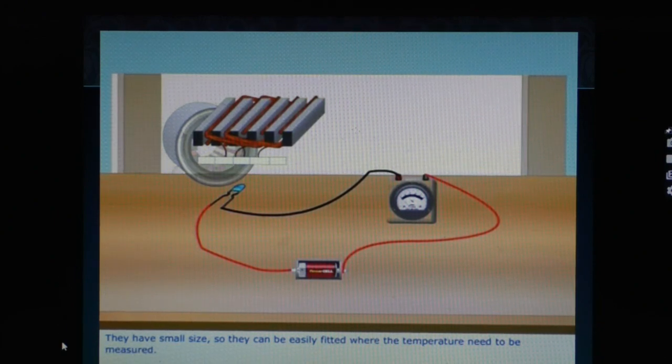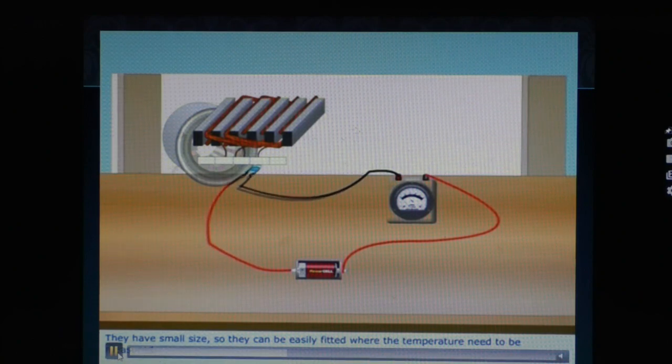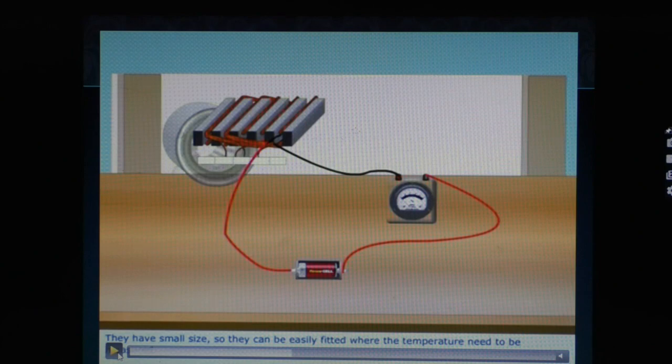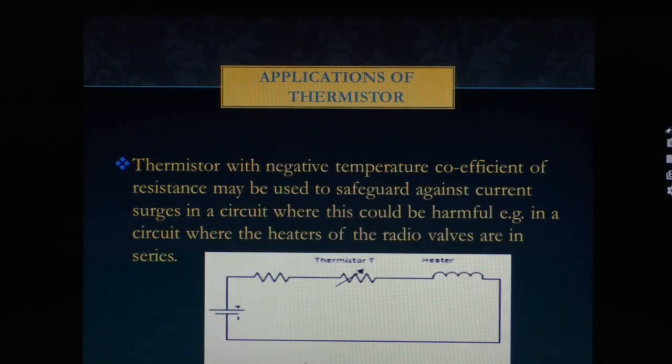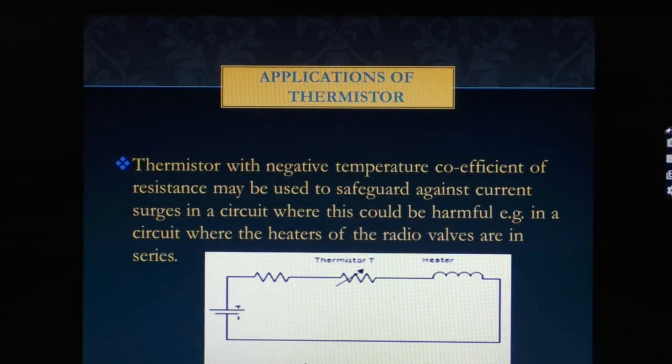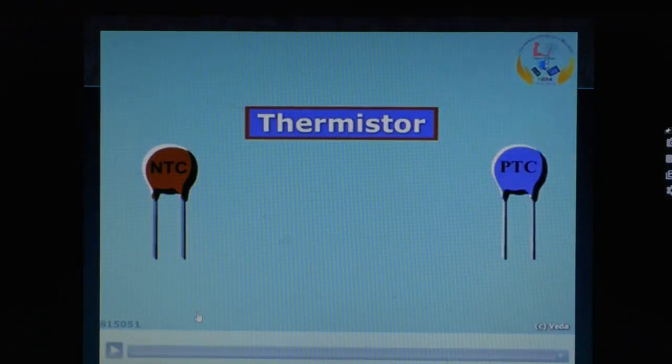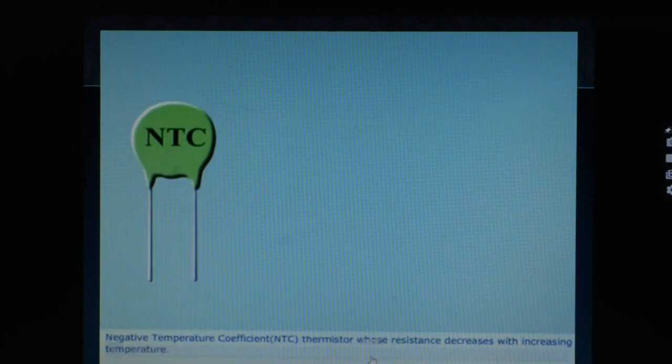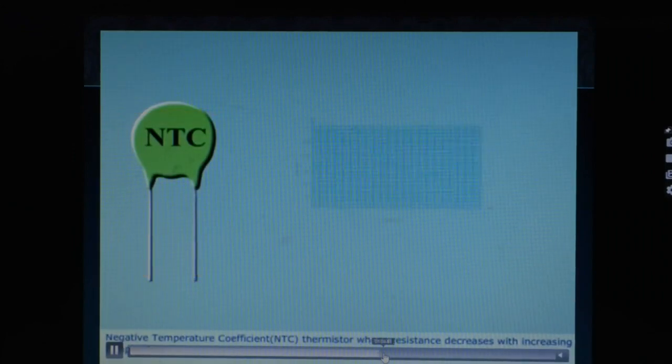You can see here in the circuit diagram, battery, ammeter. This is the thermistor. When it is used in the circuit, temperature rises, and that rise in temperature shows the change in the resistance and vice versa.